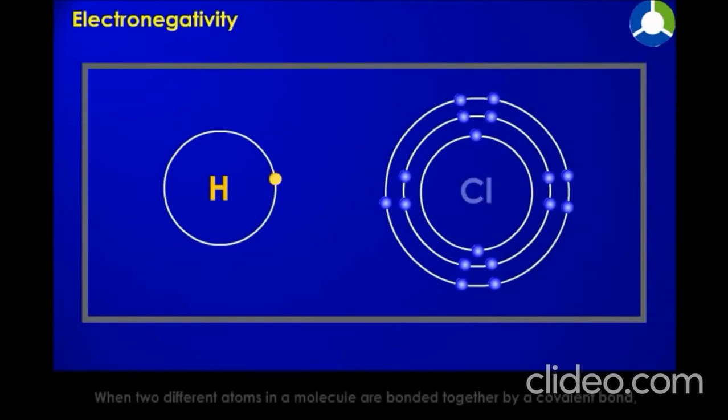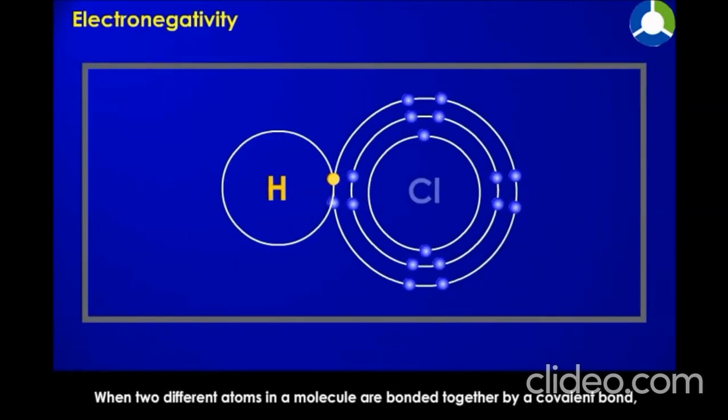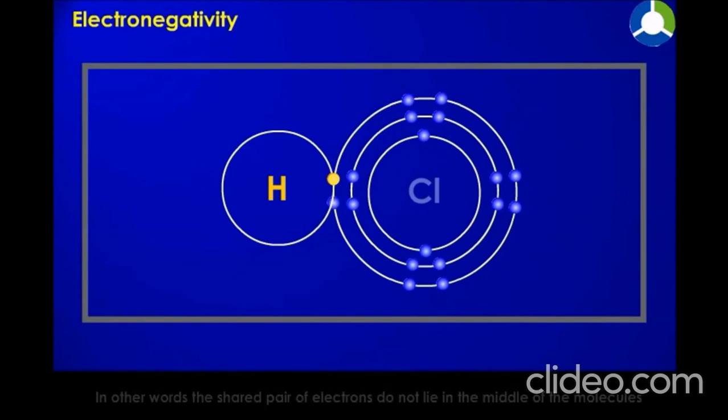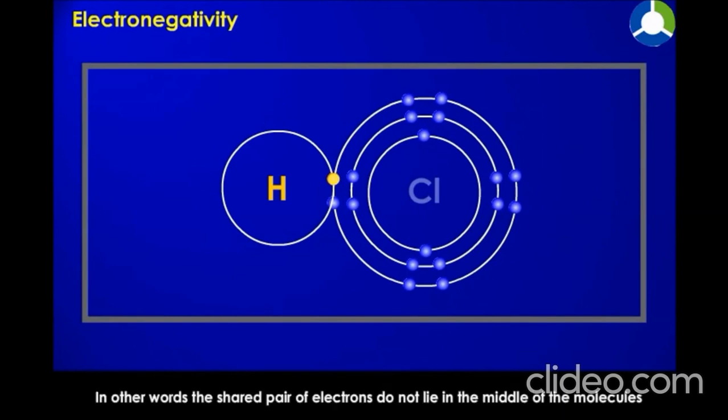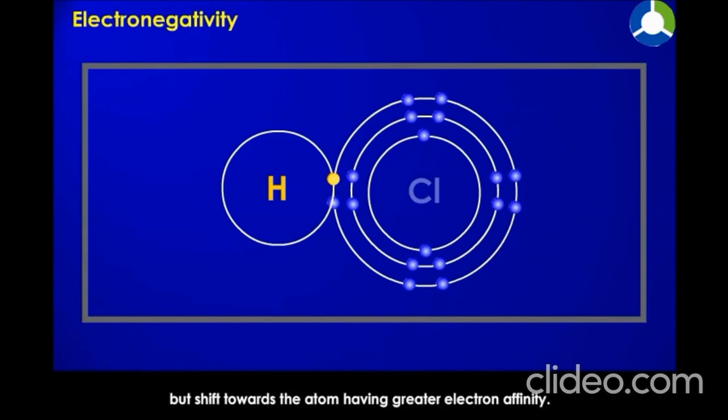Electronegativity. When 2 different atoms in a molecule are bonded together by a covalent bond, the electron pair forming the bond is not shared equally by both the atoms. In other words, the shared pair of electrons does not lie in the middle of the molecule, but shifts towards the atom having greater electron affinity.